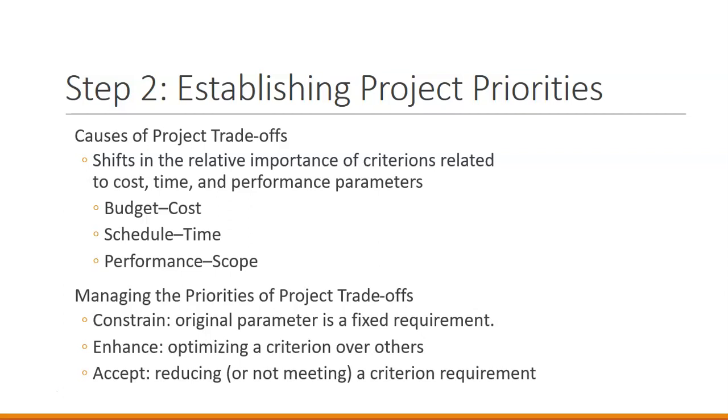Are they willing for us to bump the cost up a little bit in order to meet the deadline? Or is the cost more important than meeting the deadline? So we need to understand within the organization what those different parameters are. So we have to do these trade-offs of optimizing one thing over another.